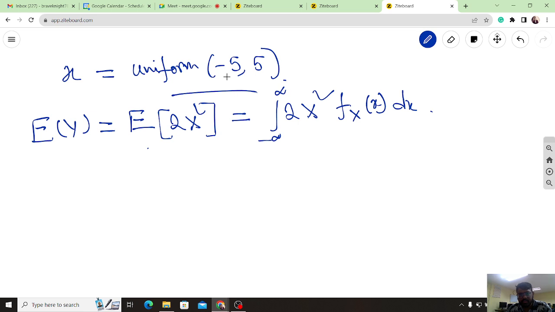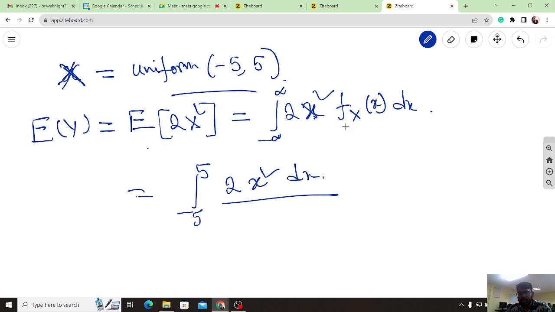But it is given that x has a uniform distribution between -5 to 5. So these limits will be -5 to 5 of 2x square dx, right?